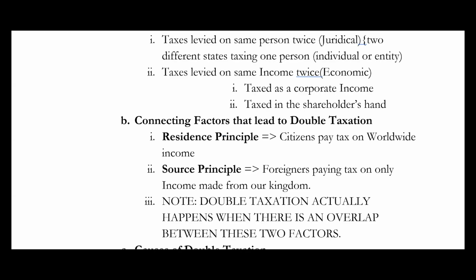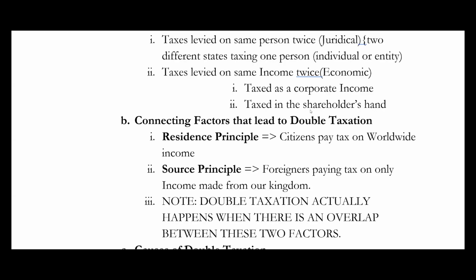Okay, so double taxation is a situation where taxes are levied either on the same income or on the same person. Taxes can be levied on the same income by two different countries, and in that case we can term that as jurisdictional double taxation, because the income of that person is taxed based on the jurisdiction.